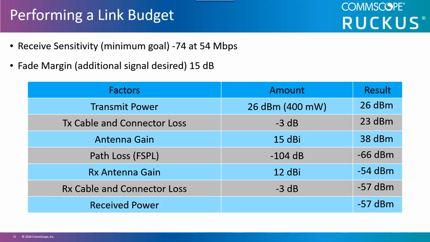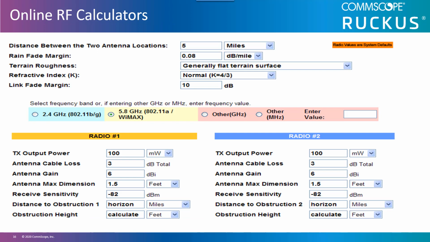So any link you create still has to operate within the legal transmit powers and frequencies set up by the regulatory domain in which you are deploying your bridge. Online RF calculators. I mentioned these earlier, that you could use these. There are many of them online that you can use for free. So you can put in things like distance between the antennas, what you want for your fade margin.